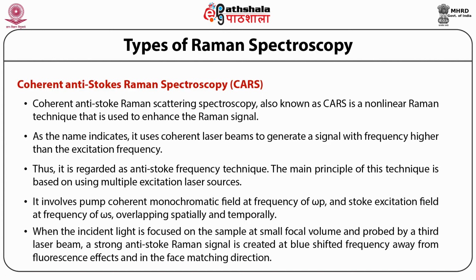When the incident light is focused on the sample at a small focal volume and probed by a third laser beam, a strong anti-Stokes Raman signal is created at a blue-shifted frequency, away from fluorescence effects and in the phase-matching direction.